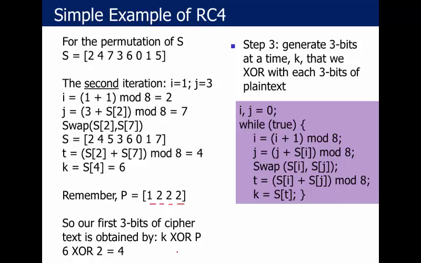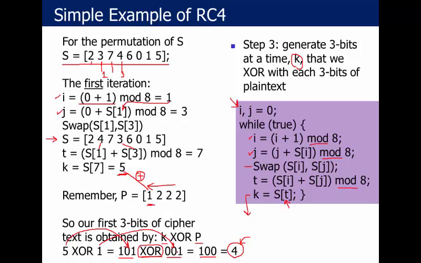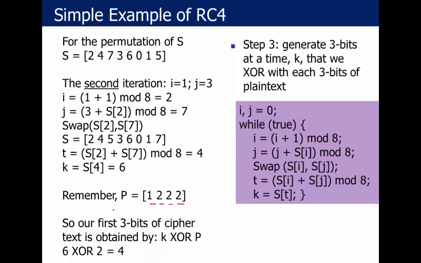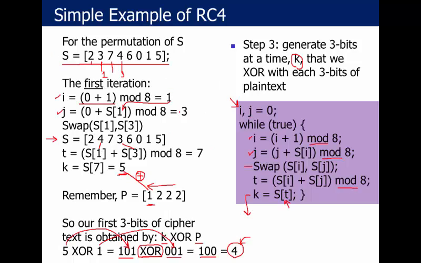Okay. So for this second iteration, we need to bring this 2473 6015. This is the new S, right? And then the new I. What is I? I is 1 and J is 3 from the previous slide. Remember that?